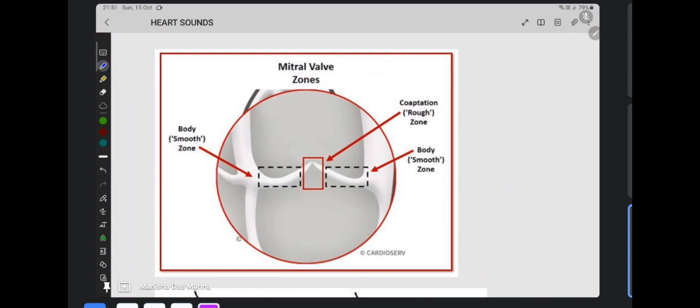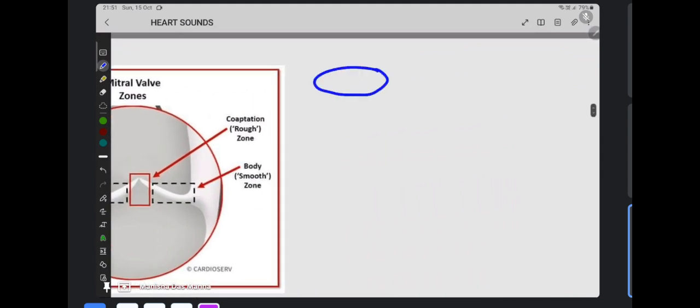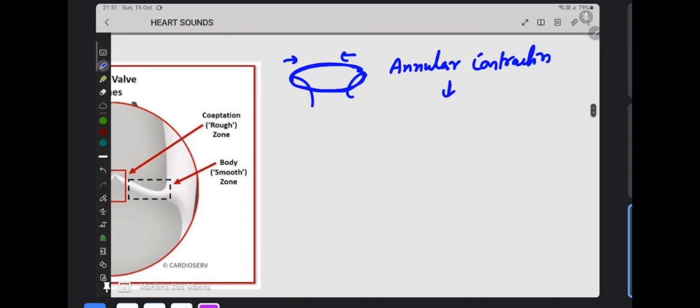what happens? One important thing is there is an annulus of the mitral valve and two leaflets. There is one important thing, that is annular contraction, the contraction of the annulus like this. It leads to coaptation of valve leaflets.